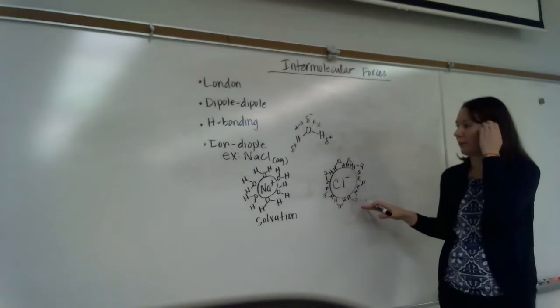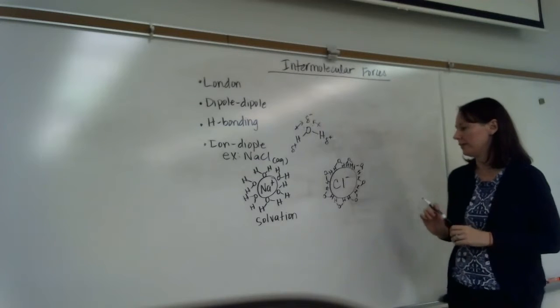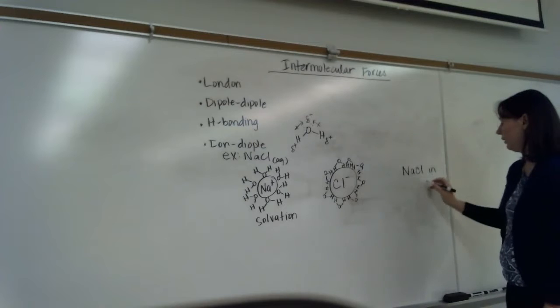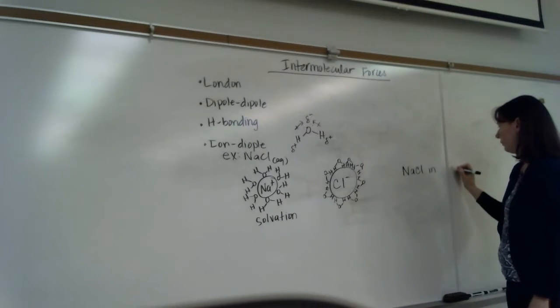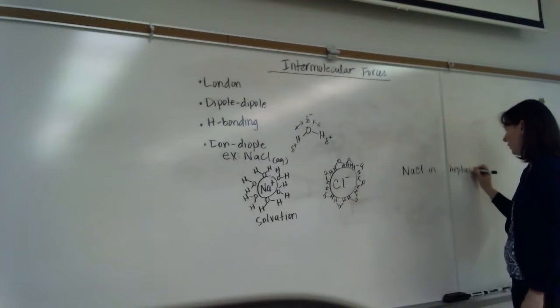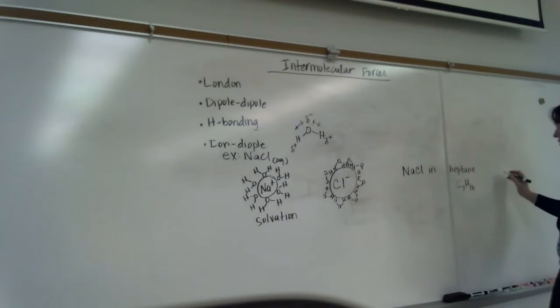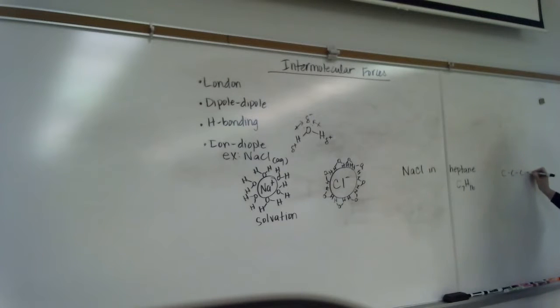Why would an ionic substance not dissolve in, say, if you combine in heptane, which has the formula C7H16. Here's its Lewis structure. 1, 2, 3, 4, 5, 6, 7. And then all of these. 1, 2, 3, 4, 5, 6, 7. All of these parts where I got lazy are all hydrogens.